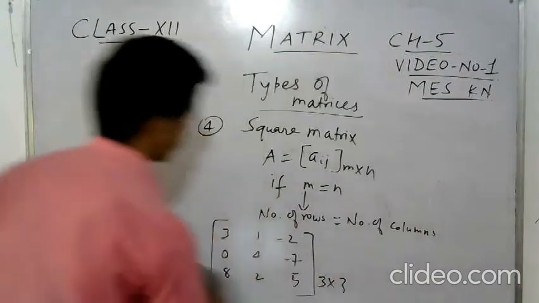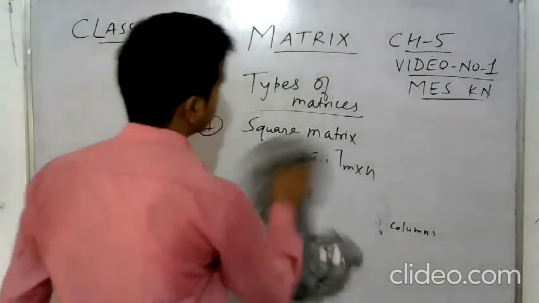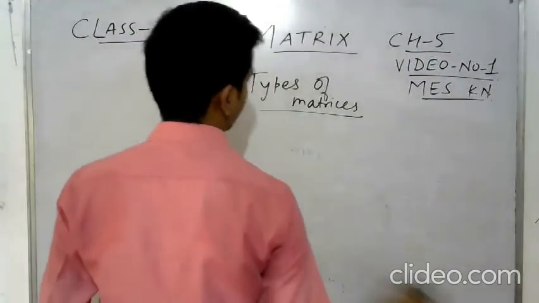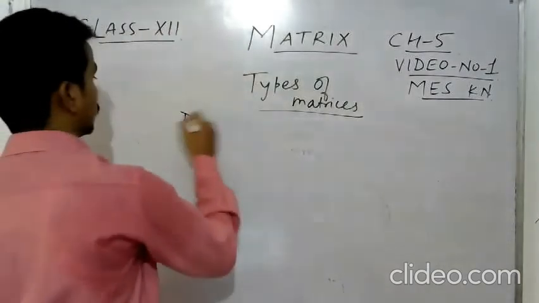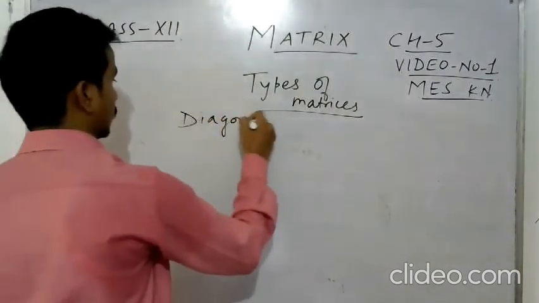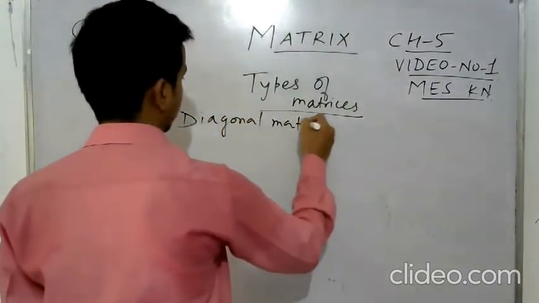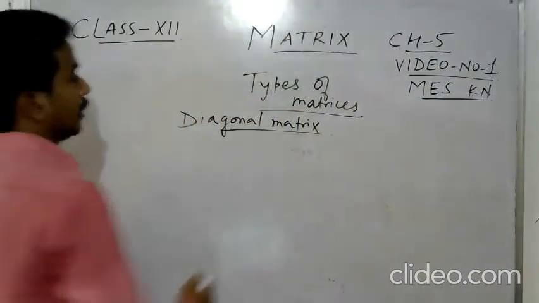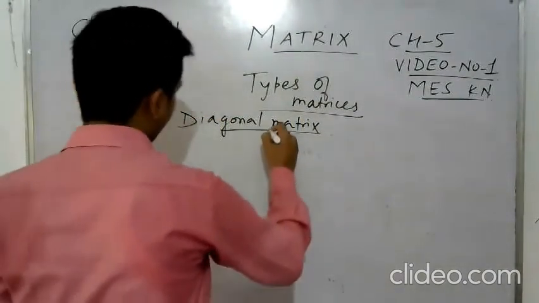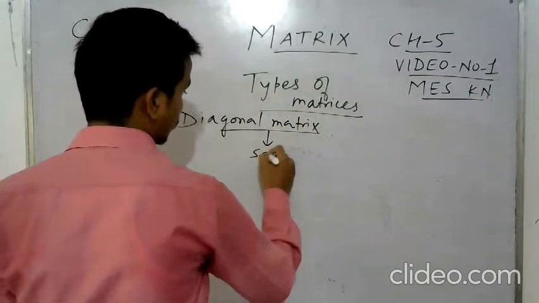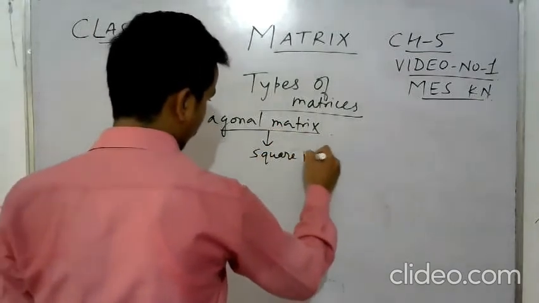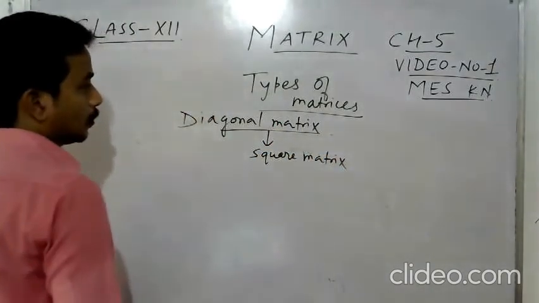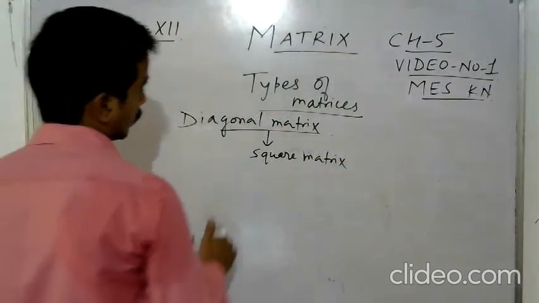Now we will see the next type of matrix, the diagonal matrix. So what is a diagonal matrix? A diagonal matrix is a type of square matrix.